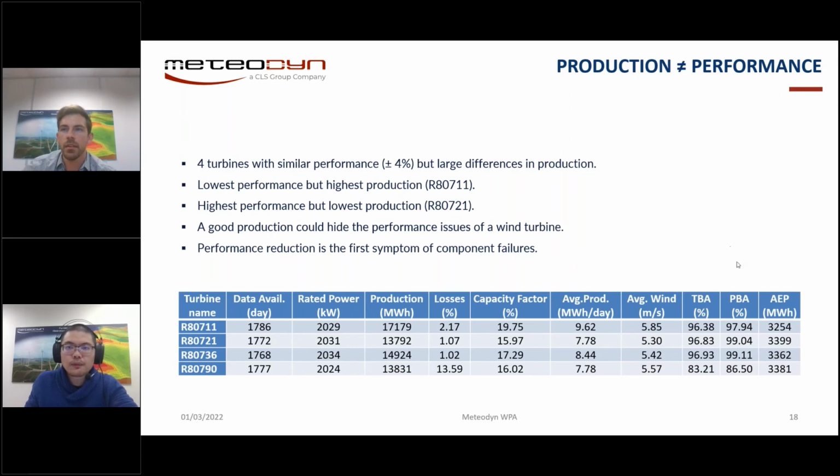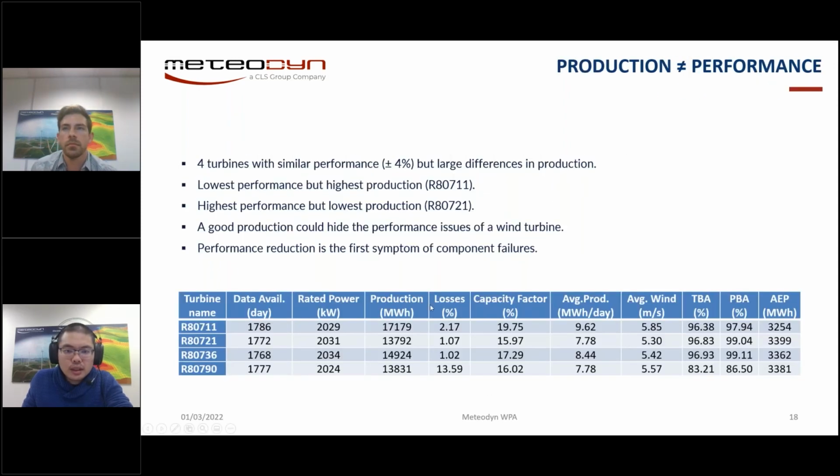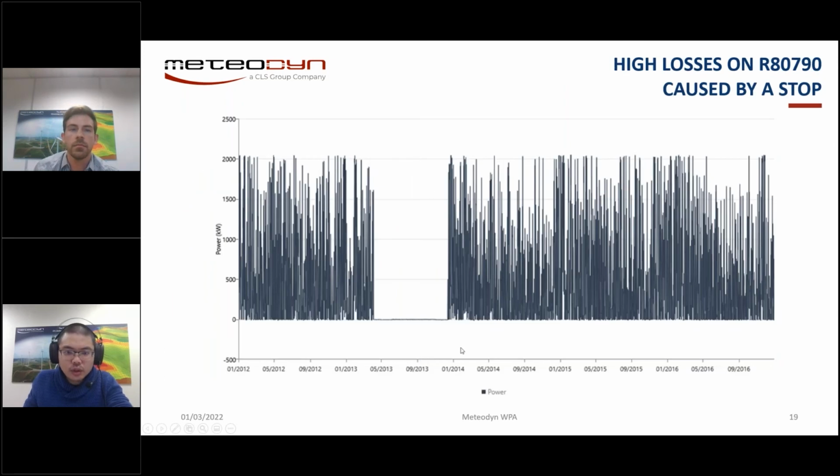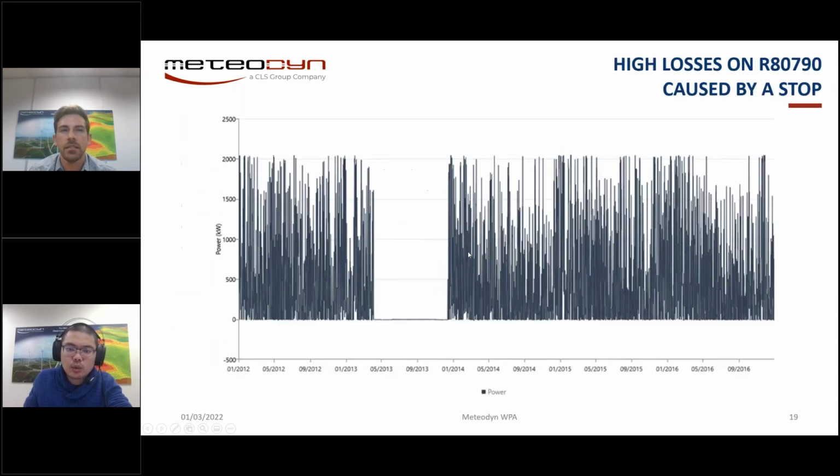And in the next slide, here we have also detected the fourth wind turbine, which has huge losses. With the help of our time series analysis, we understand immediately what happened to this wind turbine.